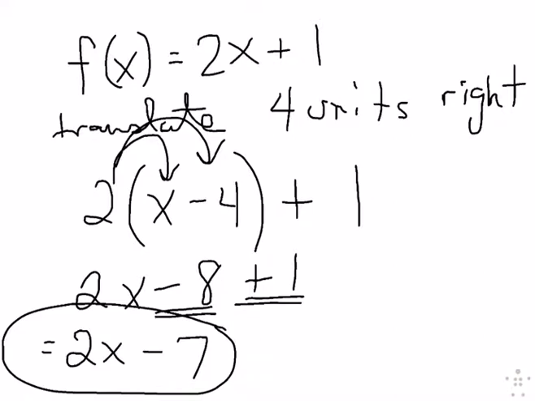So the new equation is 2x minus 7. What do you think? If it's an up or down, you put a parentheses around the entire thing and put it on the outside. If it's a left or right, you put it in parentheses where the x was. Okay? Is everybody okay with that?